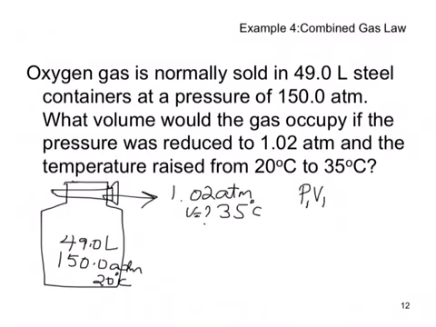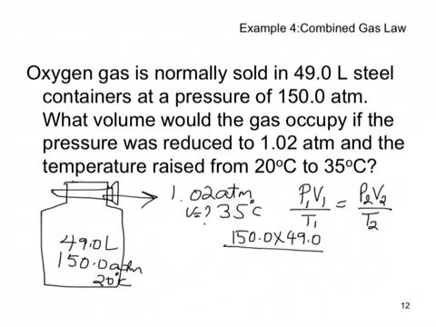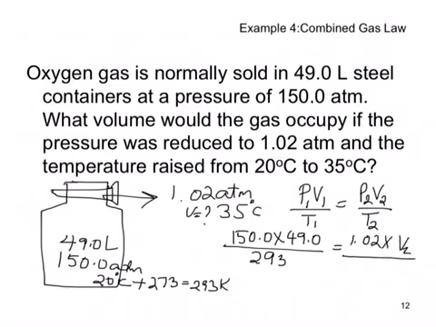So understand that we know P1 times V1 over T1 is equal to P2 times V2 over T2. And now when we plug in the numbers, we can easily say 150.0 times 49.0 divided by 293. How did I get 293? Because 20 plus 273 is 293 Kelvin. And likewise, the right-hand side of the equation is 1.02 atmosphere times V2 divided by T2.